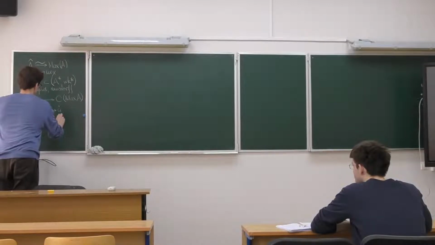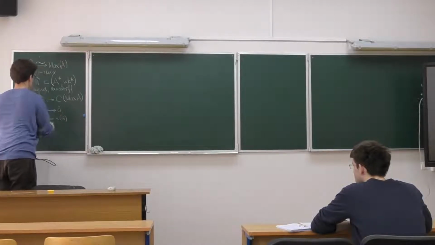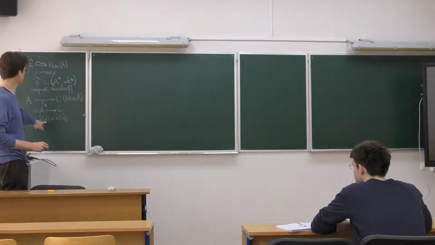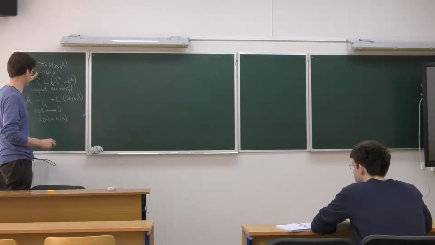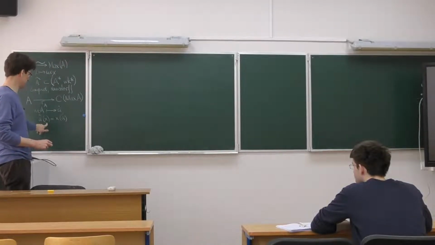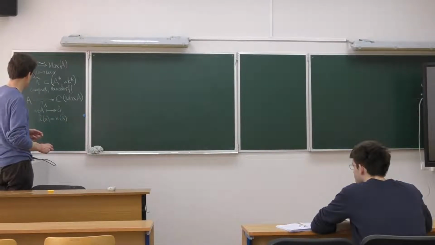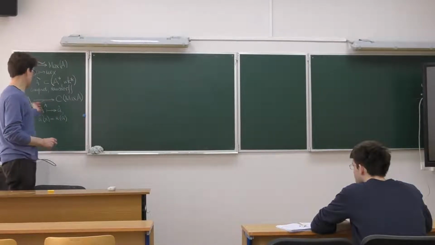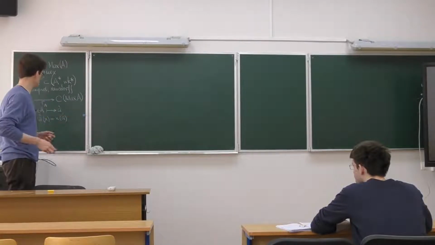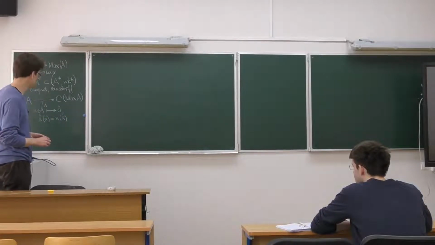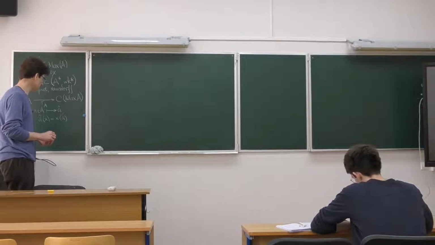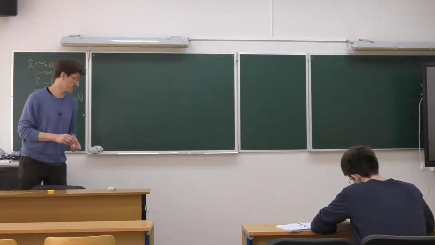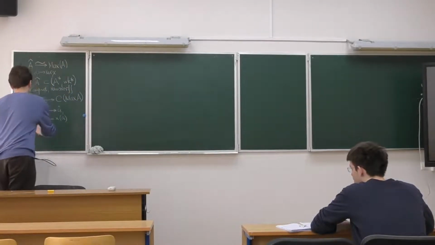So here we interpret little x as a character by using this identification, and we define a hat of x to be x of a. So we proved that gamma is indeed a continuous unital homomorphism between Banach algebras, and discussed some basic properties of this map. So this is the Gelfand transform.